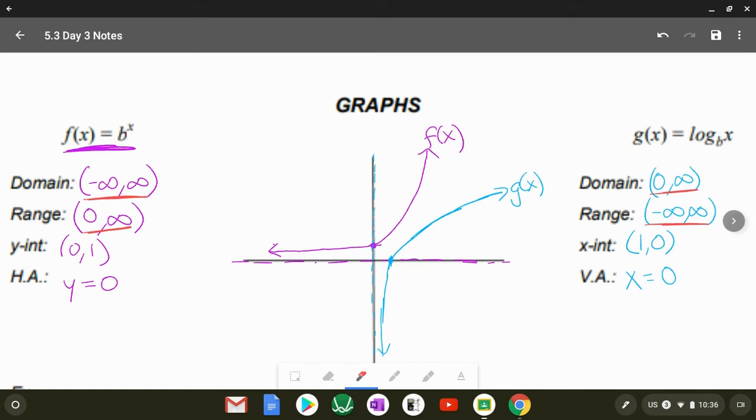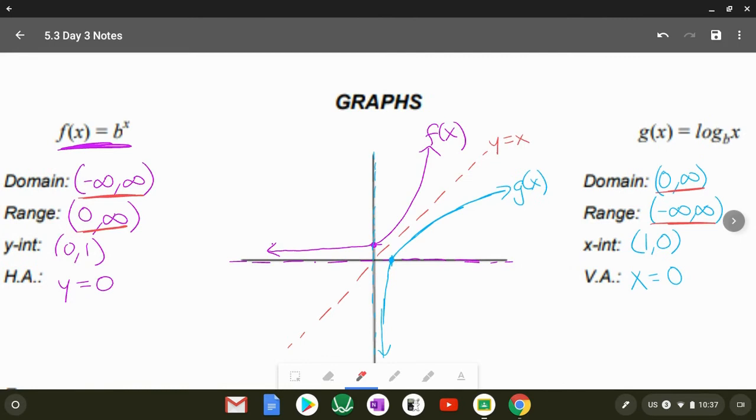And if you look at the graph, the way inverses look on a graph, it means that they are reflected over the y equals x line. So pretty in depth there, but basically what you need to know is that the exponential and the log graphs are inverses of each other.